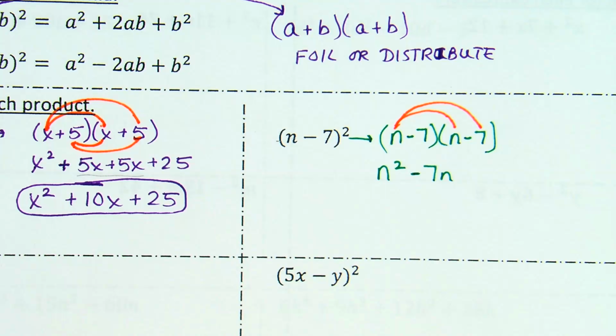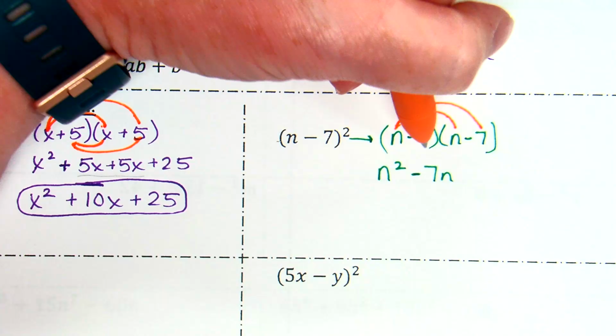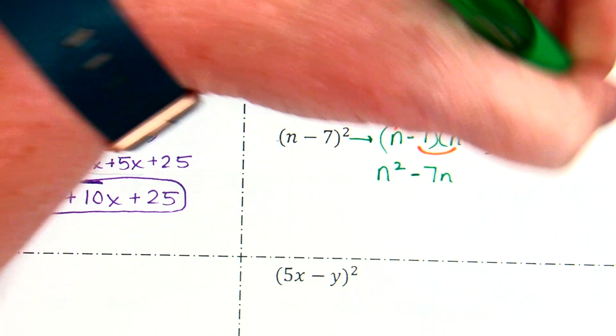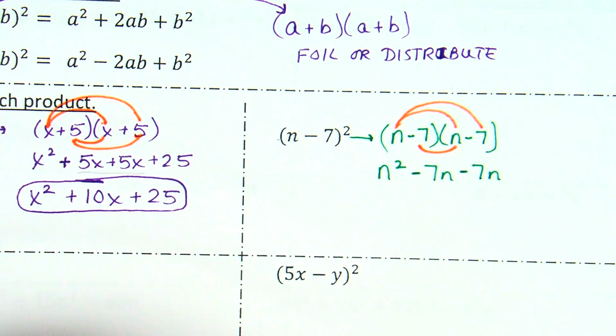Okay, so we distributed the n. Now the insides. Minus 7 times n, minus 7n. Watch for those signs, right? That can be one of the tricky parts.